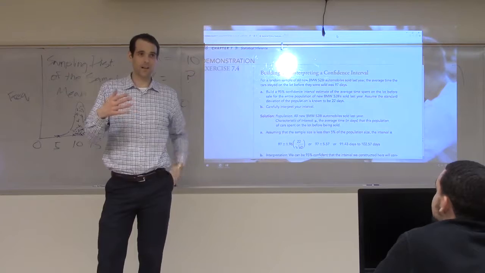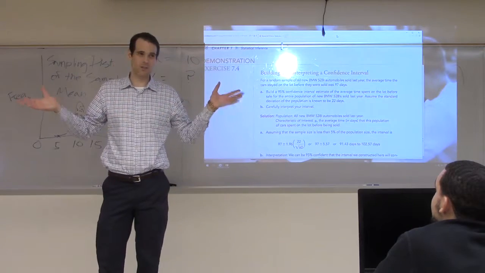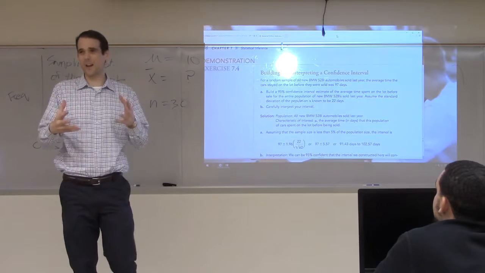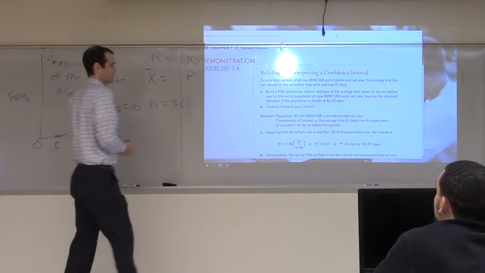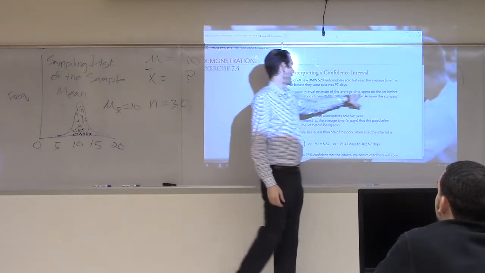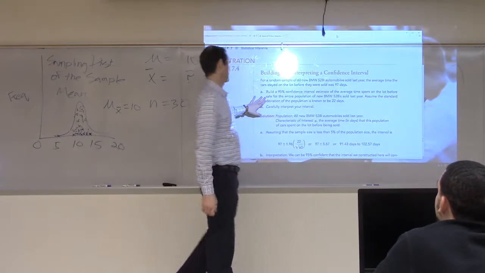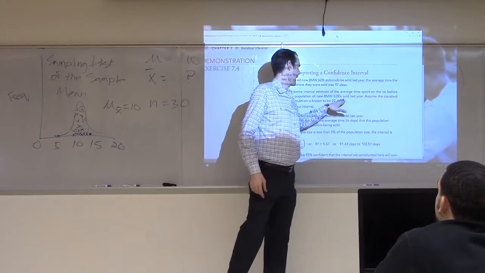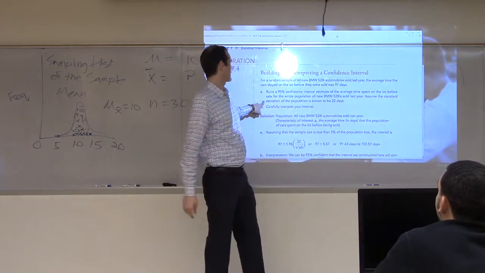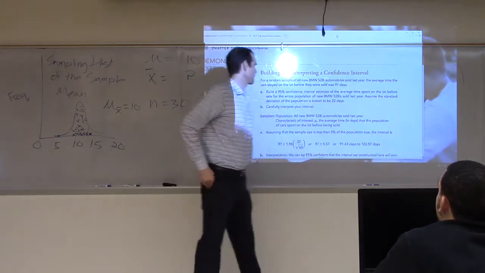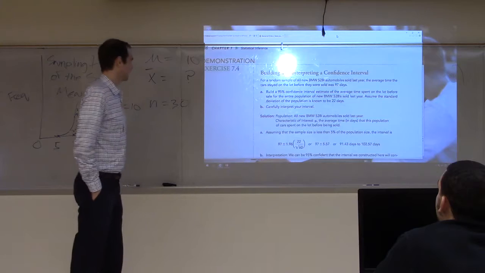We don't want to call and ask the dealers, and we can't get all the information because the dealers just lie to you anyway, and it's just easier if we take a random sample. So, we want to build a 95% confidence interval estimate for the average time spent on the lot for all BMW 528i's sold last year. Assume the standard deviation of the population is known to be 22 days.